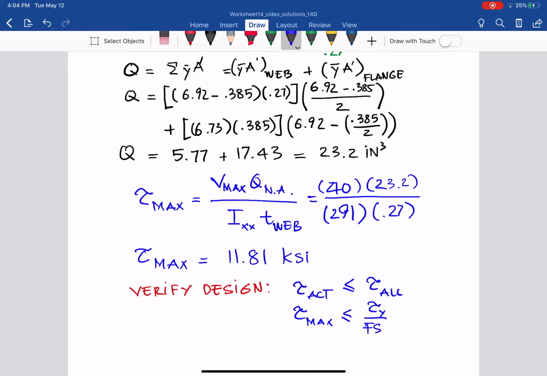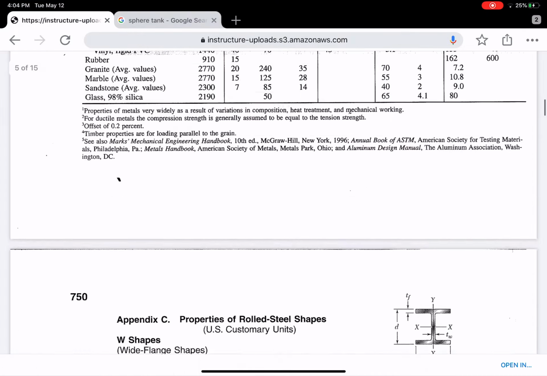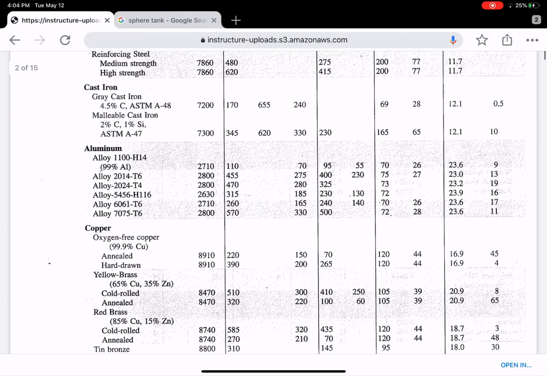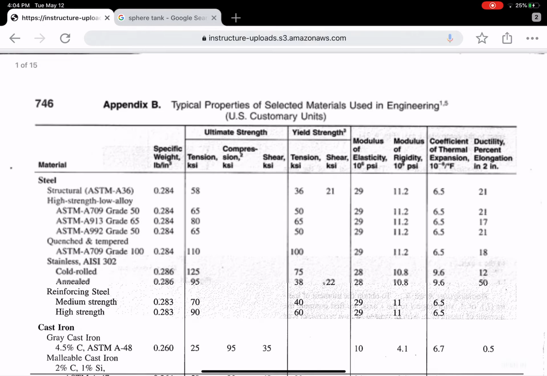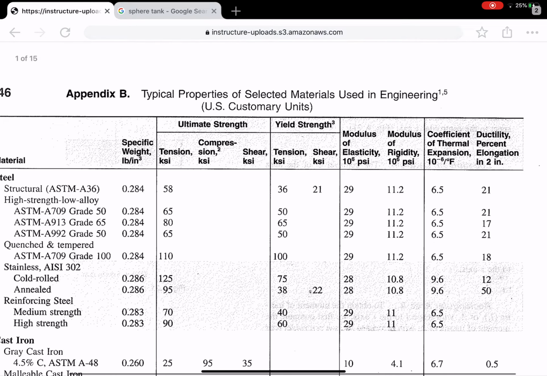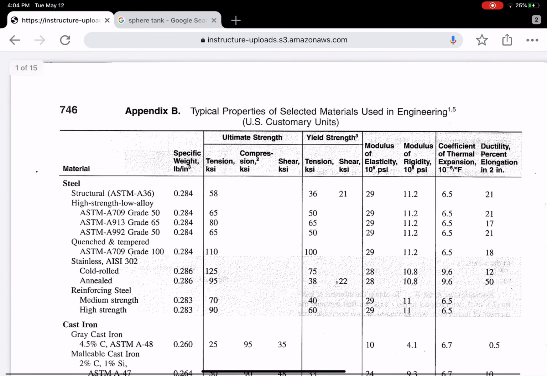And the problem gives us the factor of safety with regard to yield as 1.2. We just find tau y, which is from your appendix B for A36 steel, in US customary units, the first line item, and as you can see, the shear yield strength is 21 ksi.